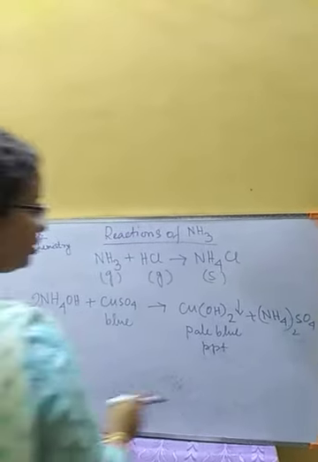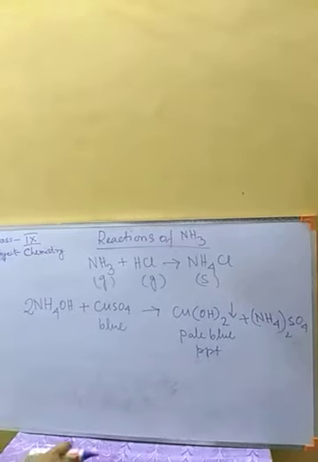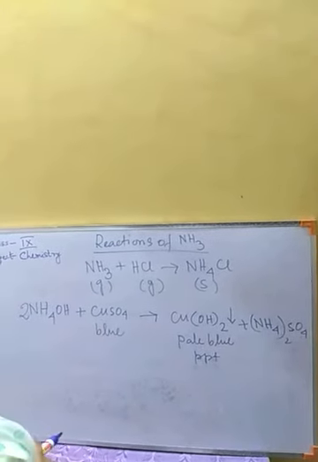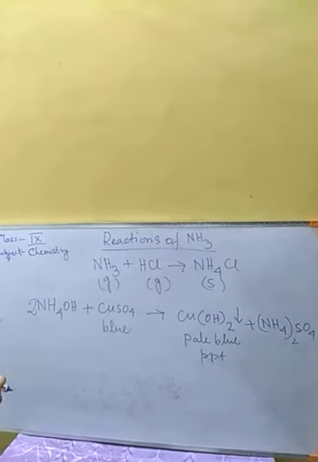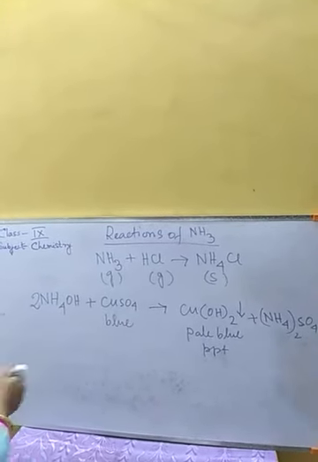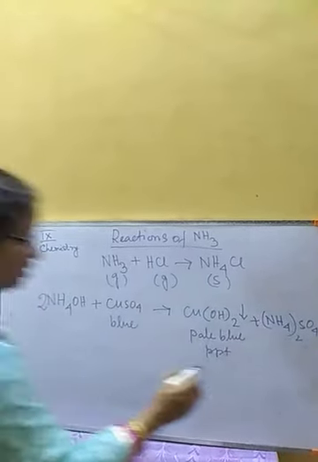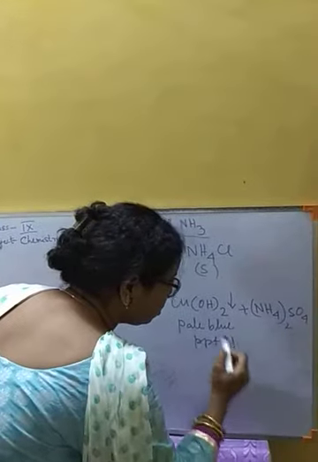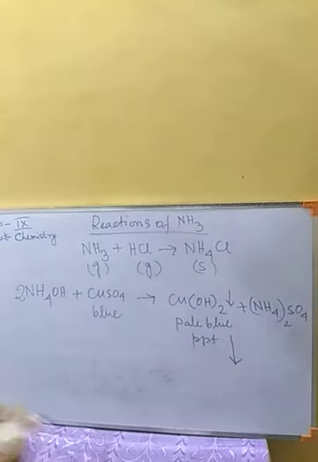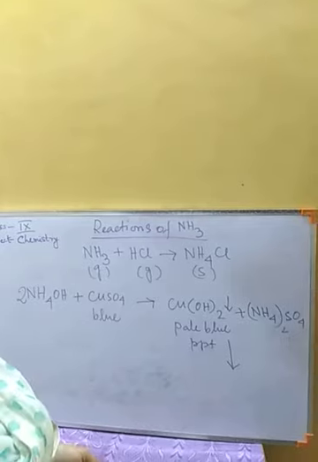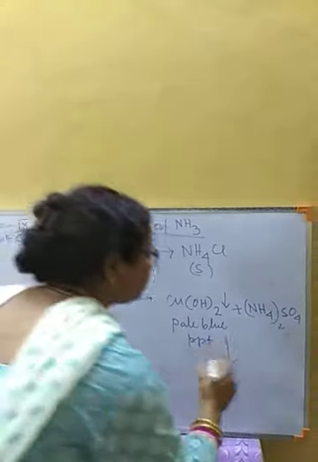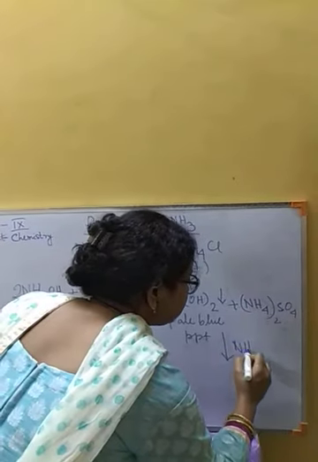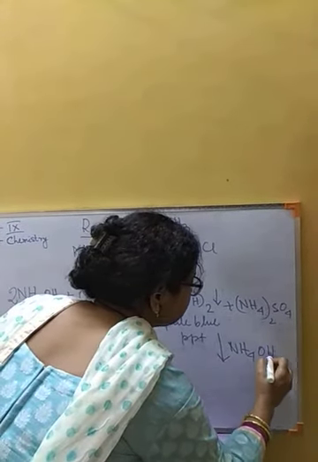Now in this pale blue precipitation, if we add more ammonium hydroxide, if we add excess of ammonium hydroxide, in the same test tube where we are doing the reaction, we will add excess ammonium hydroxide.